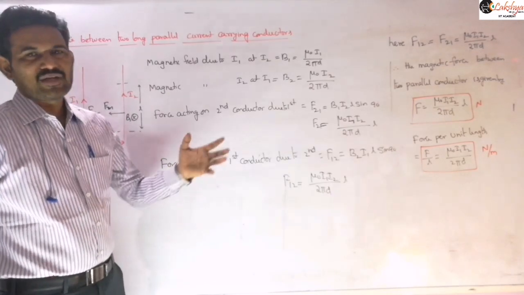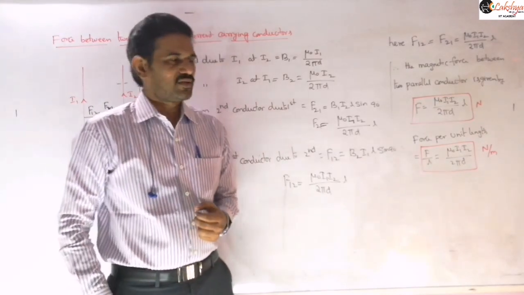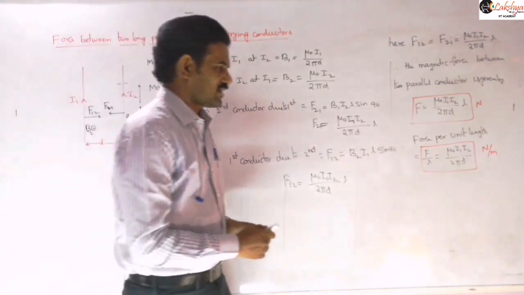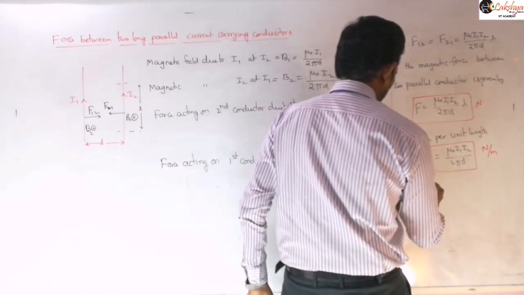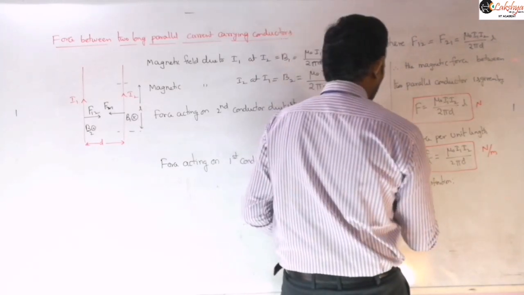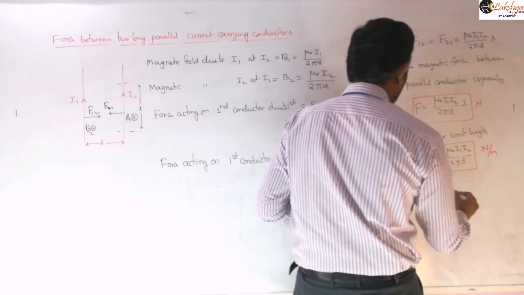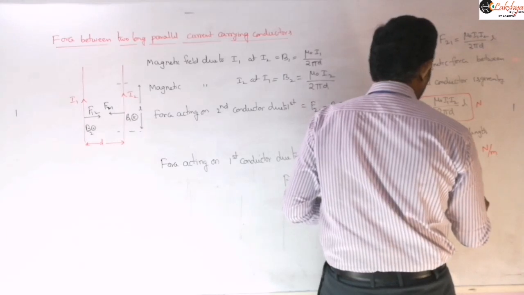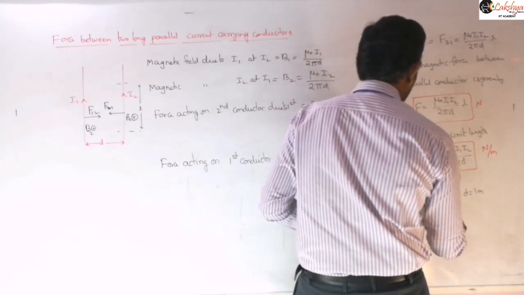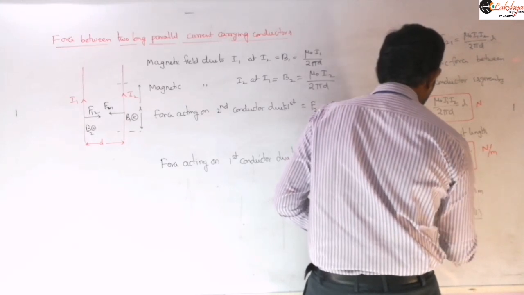Now the ampere is defined by using this formula only. For all these fundamental units, there are some standard definitions. Like that, the ampere is defined by using this formula. The ampere definition is: if I1 is equal to I2 is equal to 1 ampere, and d is equal to 1 meter, then F by L is 4 pi into 10 power minus 7, into 1 into 1, by 2 pi into 1.